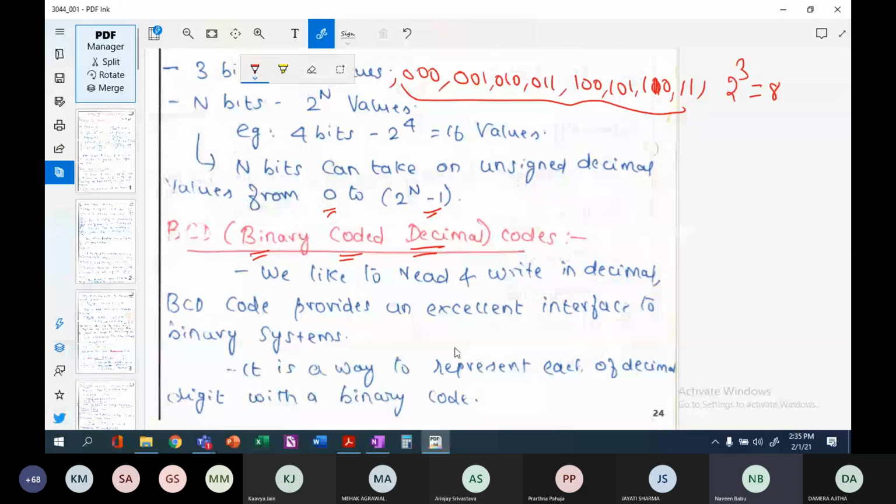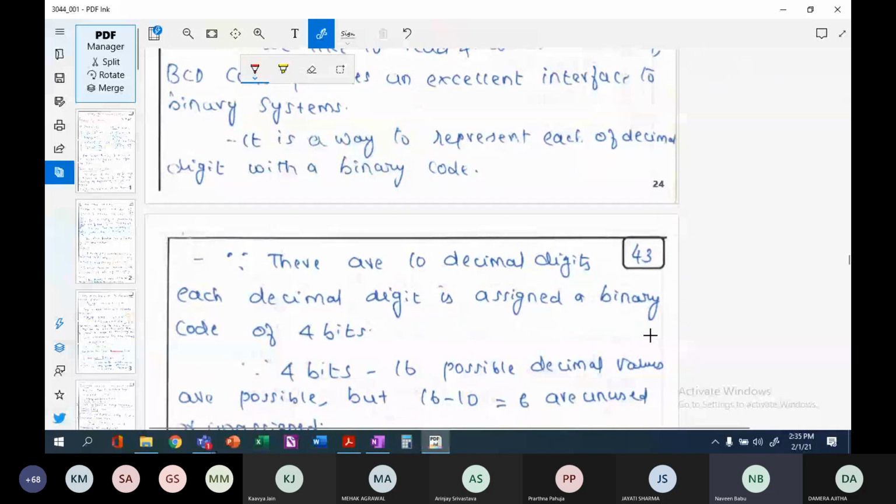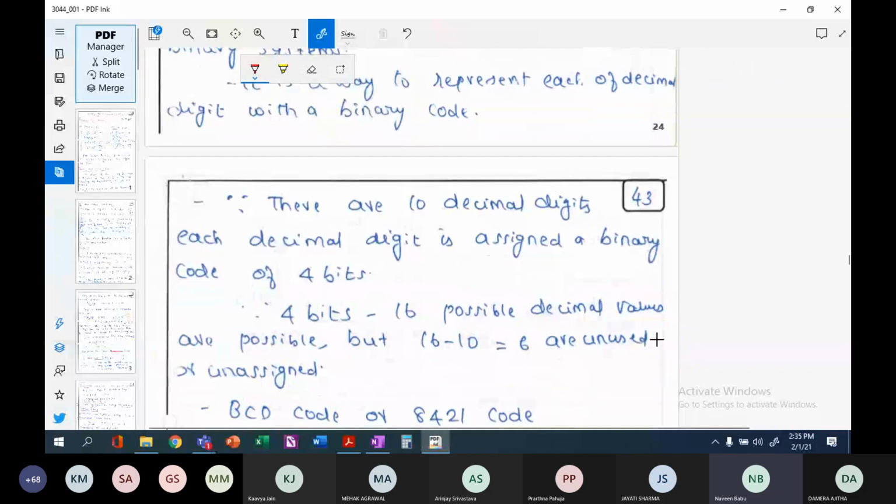Why is it an excellent interface? How many decimal digits do we have? We have 10 decimal digits, including zero. If you want to represent them in binary, you must have a minimum of 4 bits to code these 10 decimal digits.